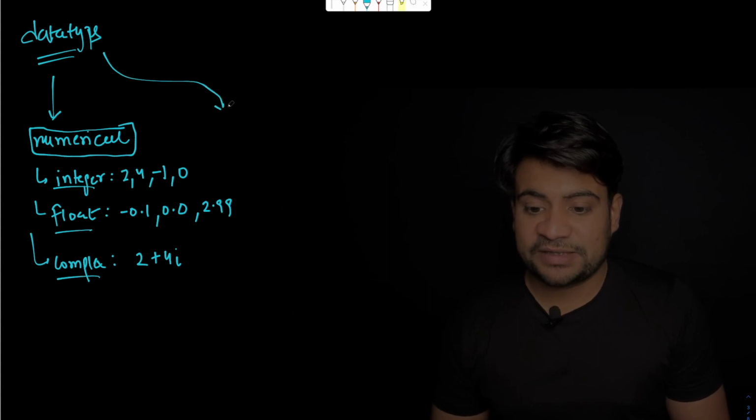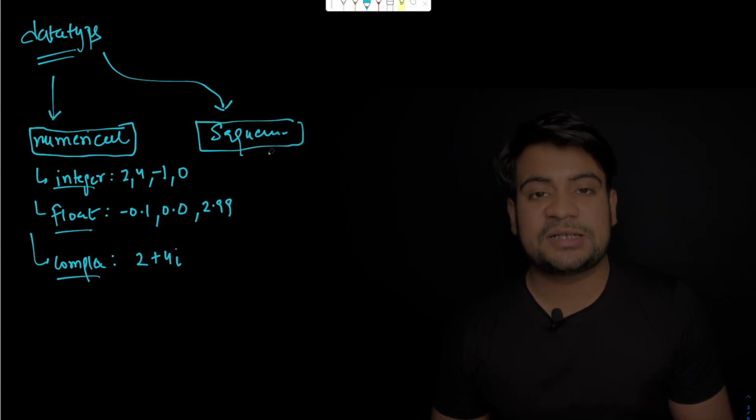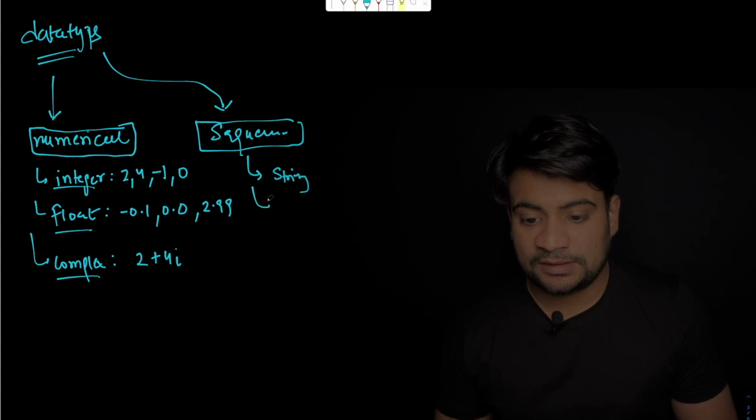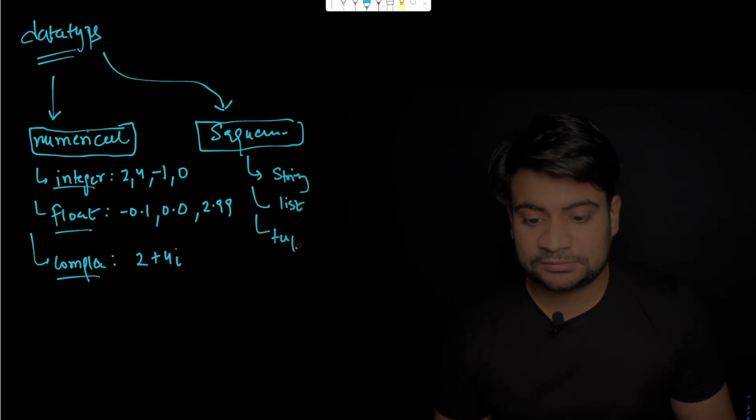Another type of classification is sequence data type. In sequence data type, we have string, list, tuple.